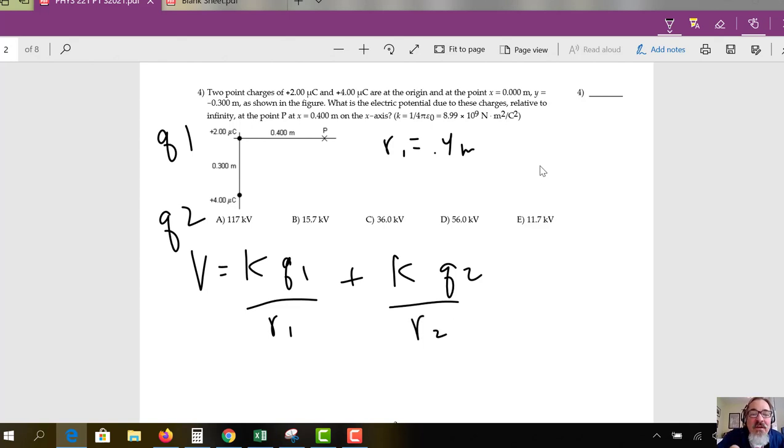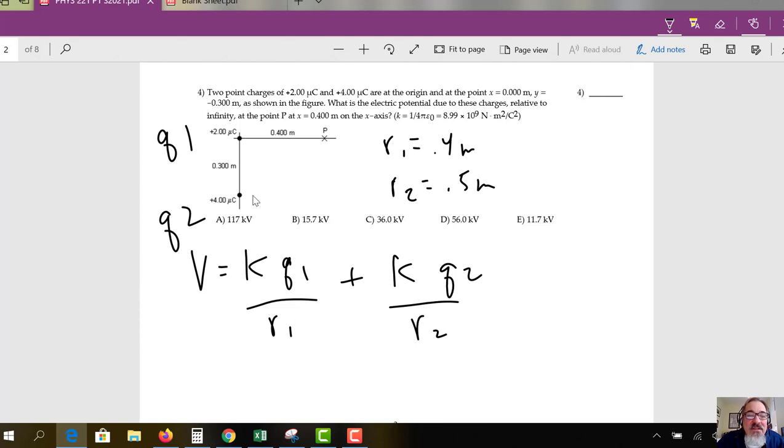So how far is R2? Luckily we have a 3, 4, 5 triangle here. This is 3, this is 4, so that's got to be 5. It's actually 0.3, 0.4, and 0.5 meters. Okay, then you have everything here. K is just a constant. Q1, be careful, it's 2 microcoulombs, so 2 times 10 to the minus 6.